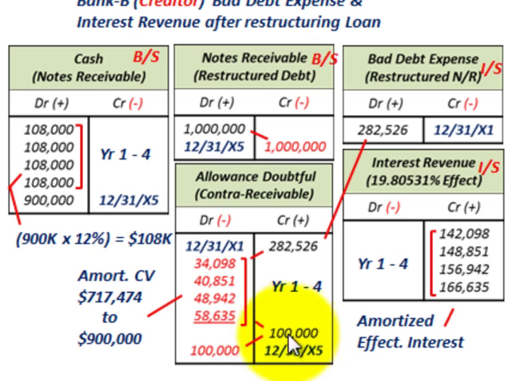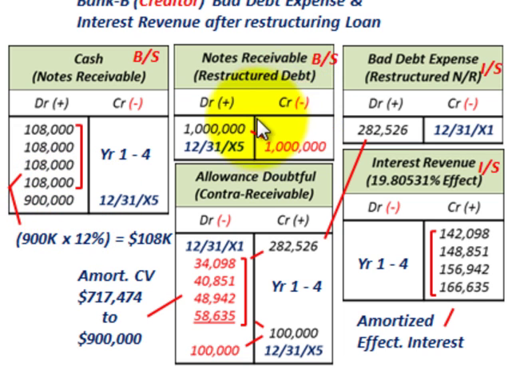So at the date that this note actually comes due, Bank B is going to receive the cash, and we would have $100,000 in our allowance account. We would have taken our credit amount and debited that out for $100,000. And then for our cash account, we would have received $900,000, that new agreed-on maturity value, so we debit our cash account for $900,000.